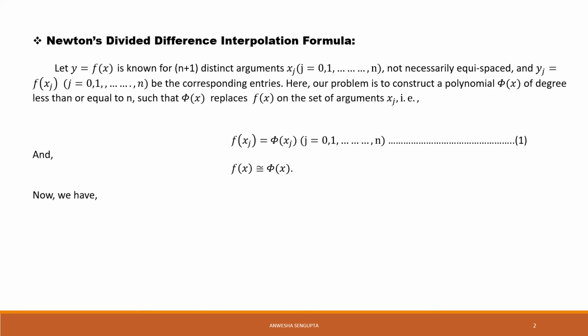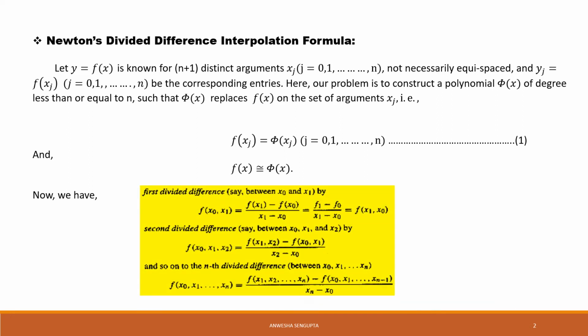Now we have the Newton divided difference formula. The first divided difference is denoted by f[x0, x1], that is (f(x1) minus f(x0)) by (x1 minus x0), which is also equal to f[x1, x0].